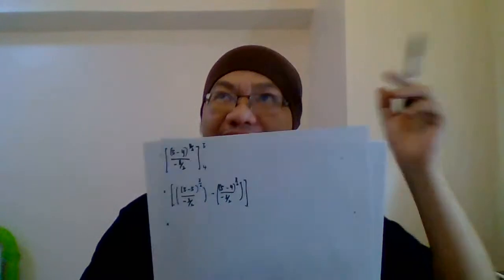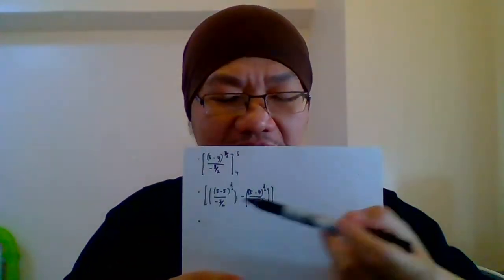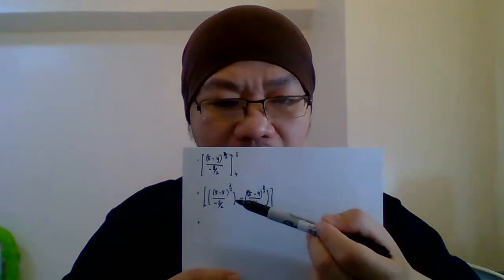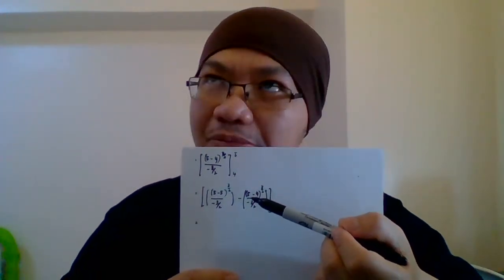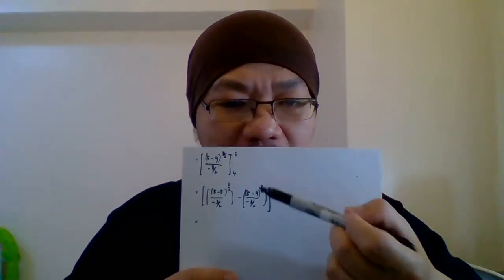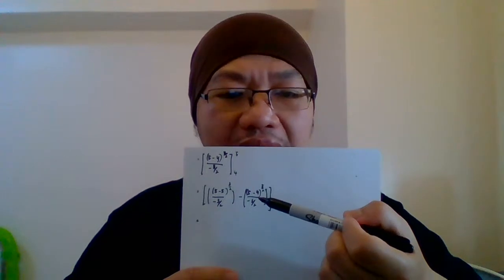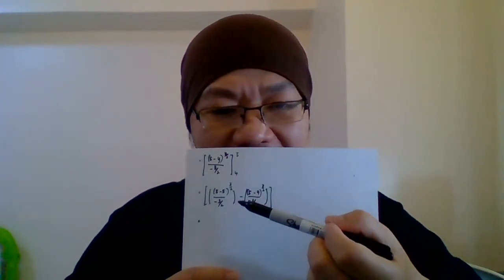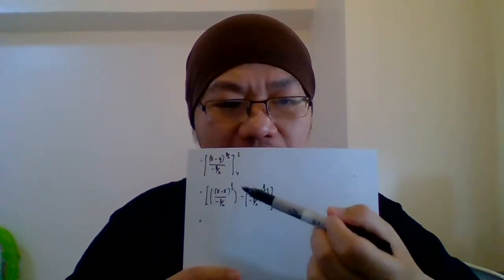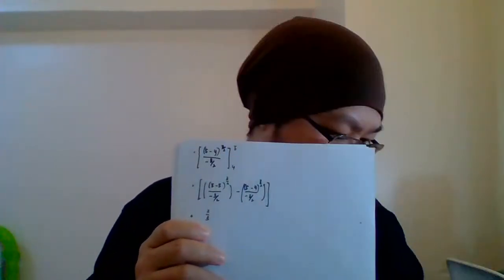Please double check the answer. So 0 plus 2 over 3 becomes 2 over 3. That is your answer for the second region.